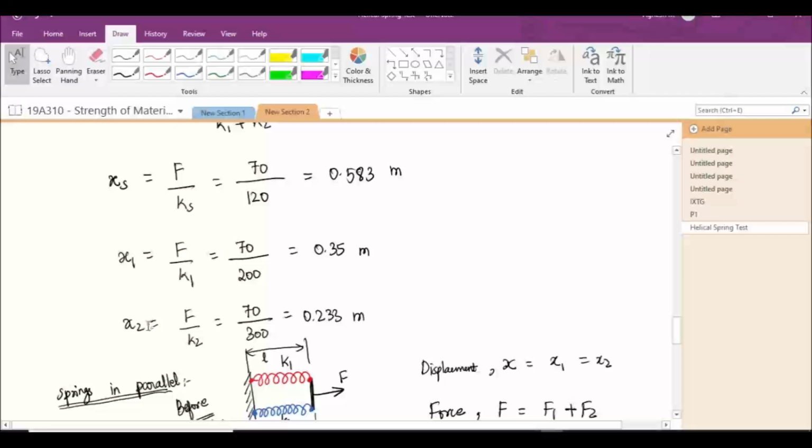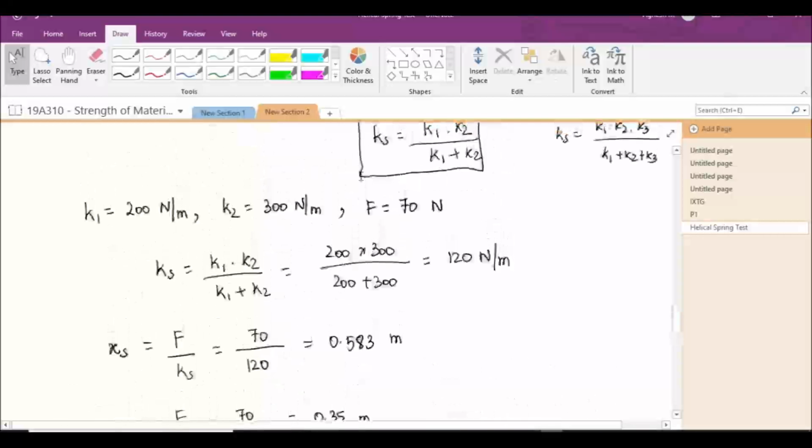The displacement of the second spring is force divided by its stiffness, so 70 Newton divided by 300 Newton per meter, which is 0.233 meters. If I add these two values, I get a total displacement of 0.583 meters.